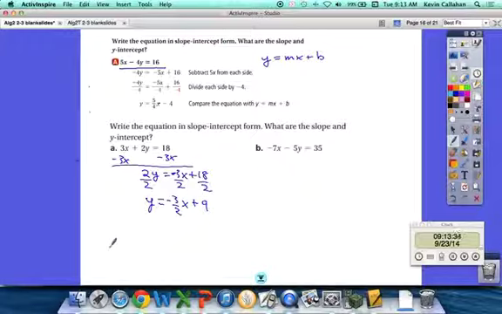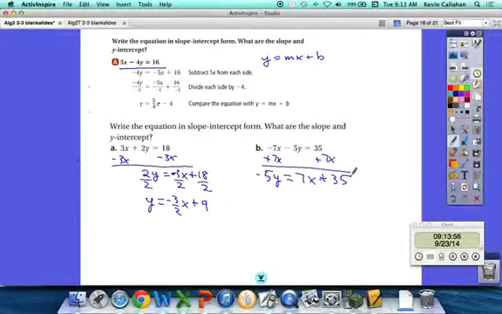Okay. So the right steps would have been, add 7x to both sides, because that's a minus, to cancel what we want to add. So now we've got -5y equals 7x plus 35.